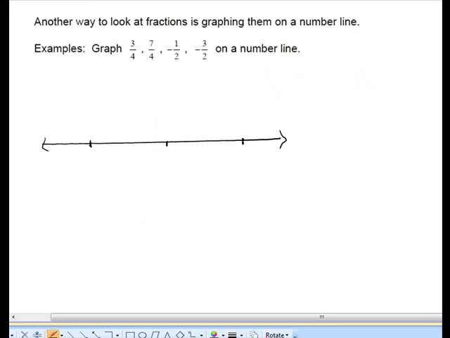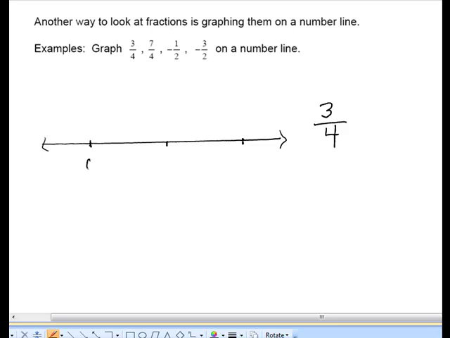Another way to look at fractions is graphing them on a number line. So we'll do some examples. So first of all, we'll graph 3/4. 3/4 is a proper fraction, so it is between 0 and 1. So we only have a positive here.